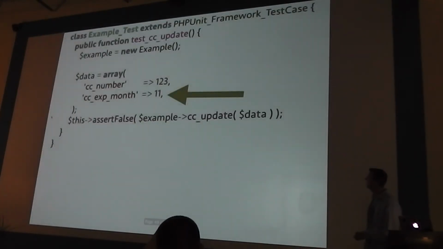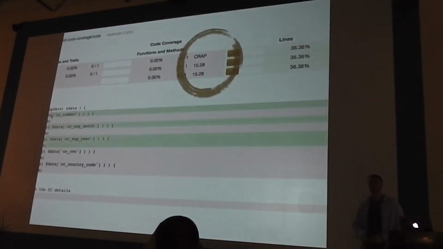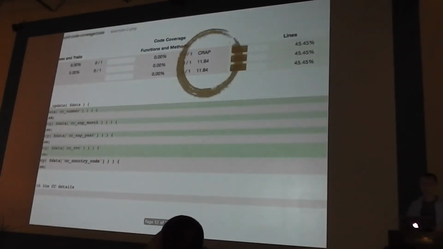We add some more. We're going to get it down to 15. So we're at 36% now as far as code coverage. So there's a direct correlation between how much code coverage your tests have and your crap index. The more we do testing, the lower our crap index is going to be, which in general is a good thing.